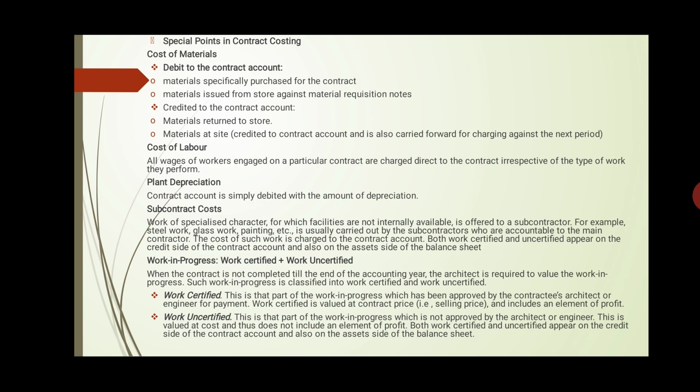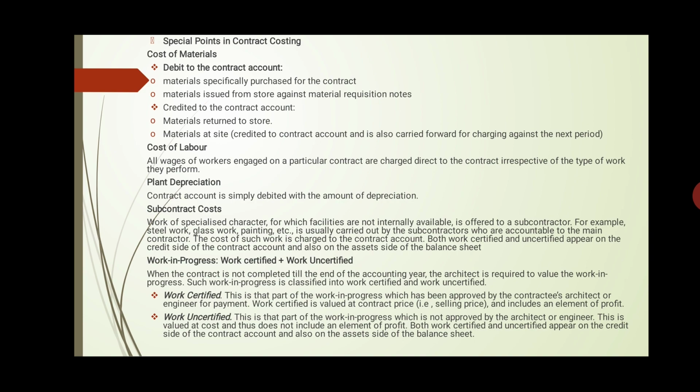Materials issued from store against material requisition notes, debit side of the contract account. Credit to contract account, materials returned to store and materials at site. So you'll be taking the difference about all these terms which are related to the material expense in the practical problems. Next is the cost of labor.